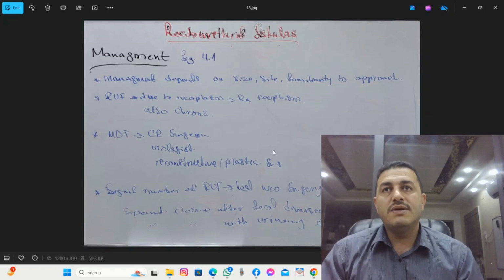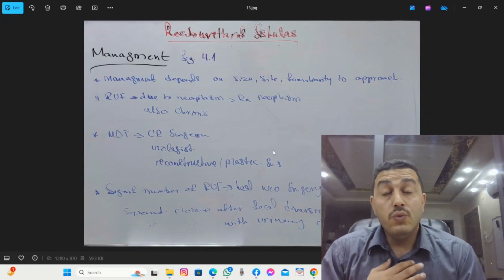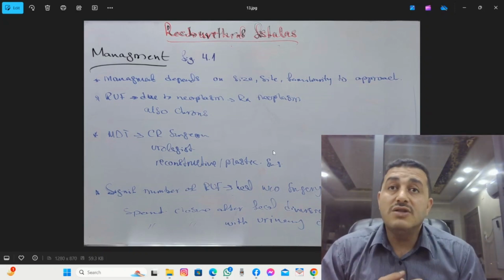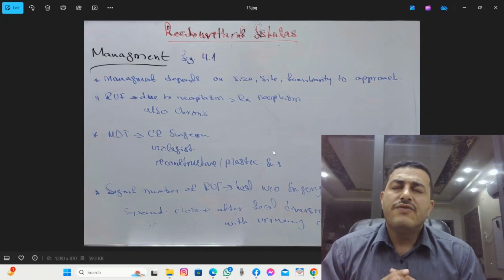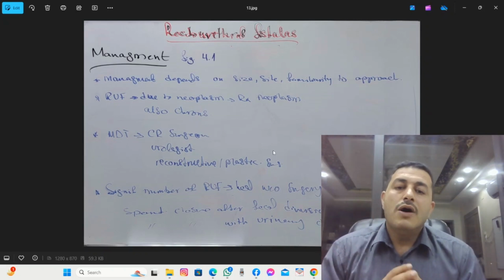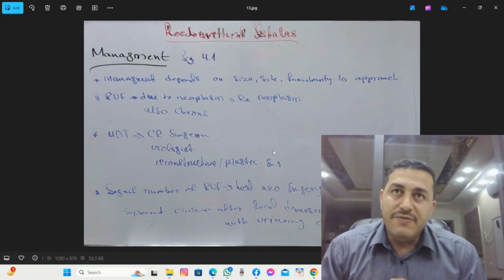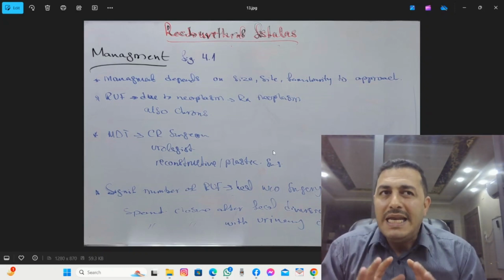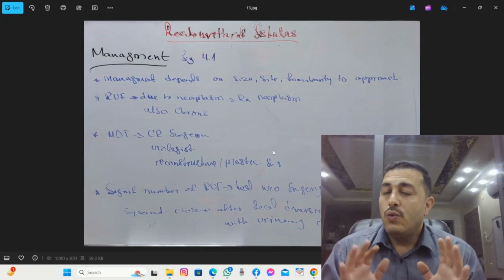We said that the management is MDT, multidisciplinary team. We need the colorectal surgeon, the urologist, and the plastic surgeon. When we start to talk about rectovaginal fistula, we need the gynecologist. And we will see that many fistulas will heal without any surgery or without manipulating the tract itself.